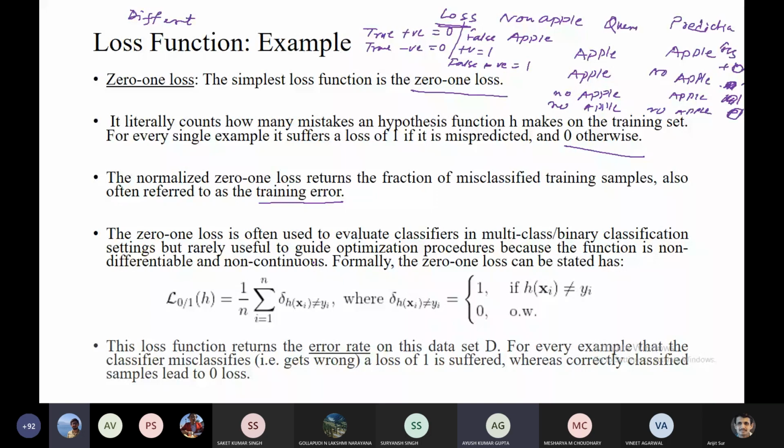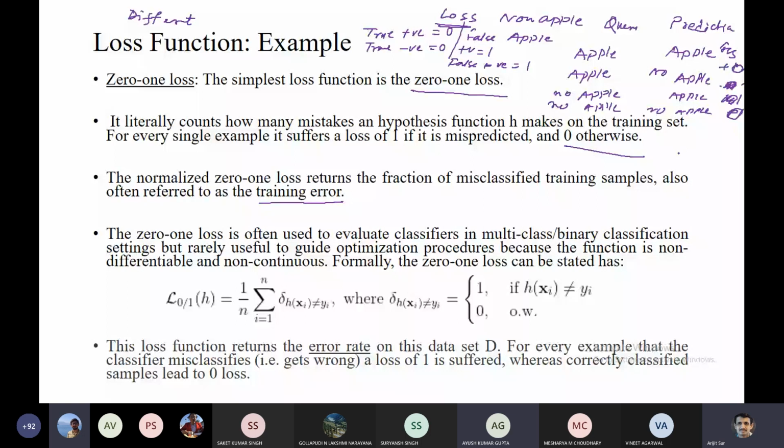If it is not equal to y, it is 1, and if y is equal, it is 0. The loss function returns the error rate on this dataset D, and for every example that the classifier misclassifies, its loss is 1, whereas a correctly classified sample is 0. The same thing that I actually said. Okay, so this is the 0-1 loss function.